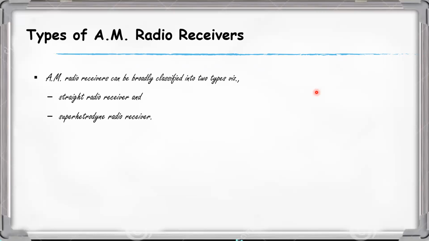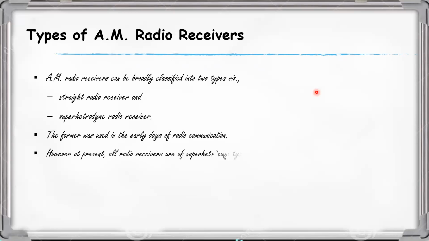It has some disadvantages, so nowadays we use these superheterodyne receivers. They have many advantages when compared with the straight radio receiver. We discuss the straight radio receiver first.